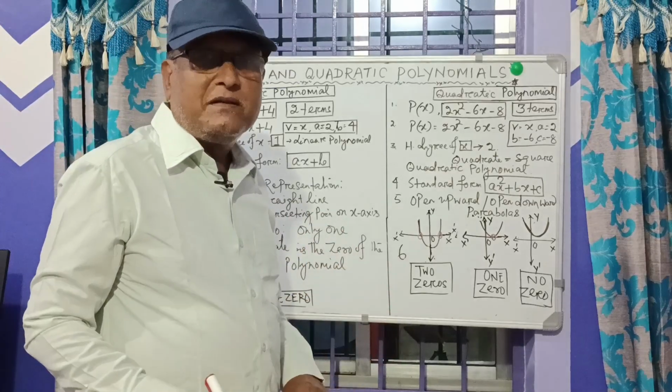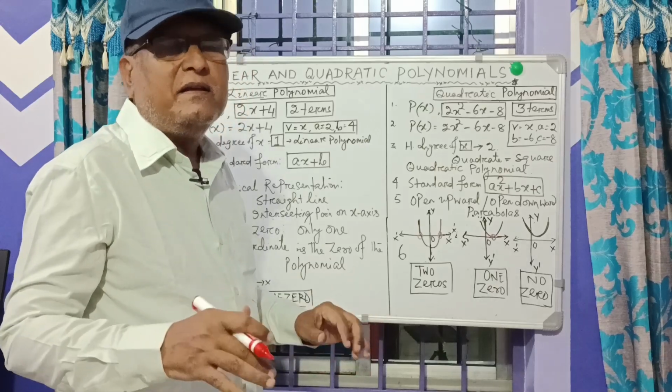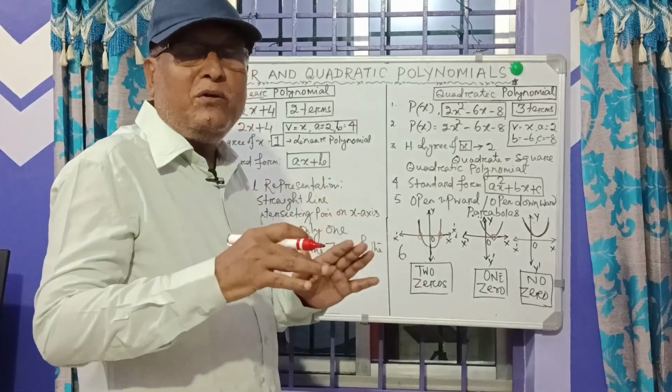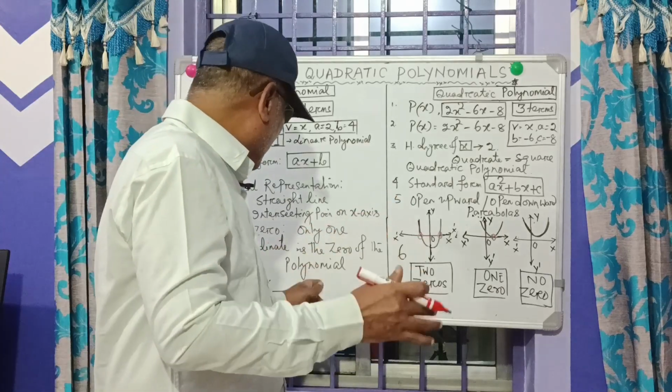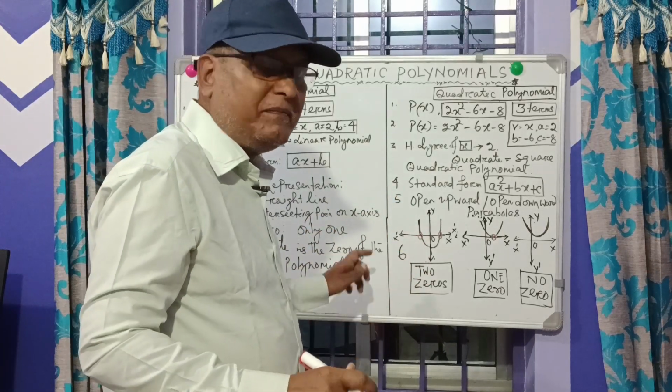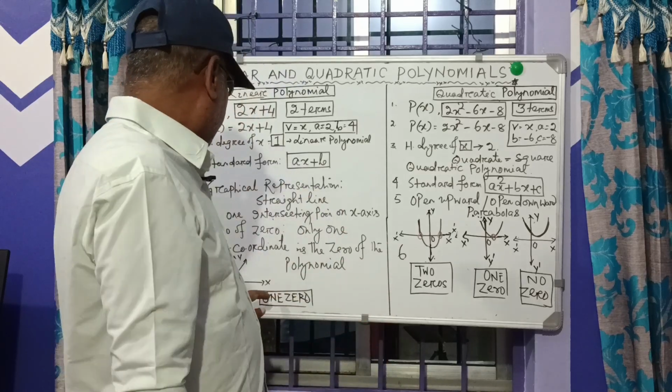That value of x, we call it k, and the value of k is a zero of the polynomial. We shall discuss this in the next class.